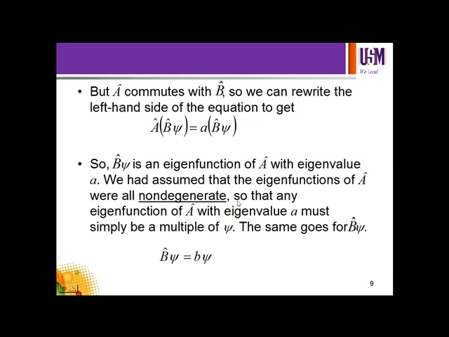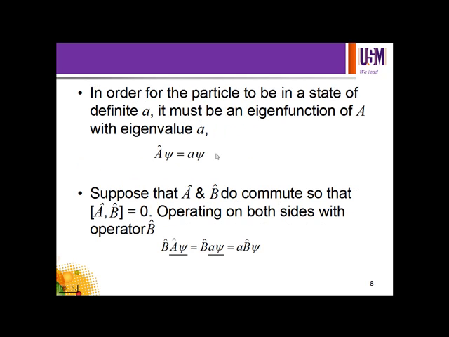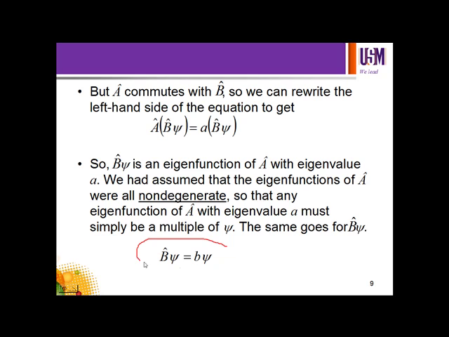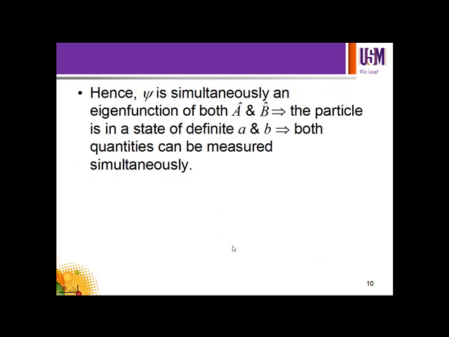Since we have those two relationships, initially in terms of operator A, like this, then in terms of operator B, we can say that psi is simultaneously an eigenfunction of both operator A and operator B. That means since operator A corresponds to eigenvalue a, small a, and operator B corresponds to eigenvalue b, we can conclude the particle is in a state of definite eigenvalue a and eigenvalue b.